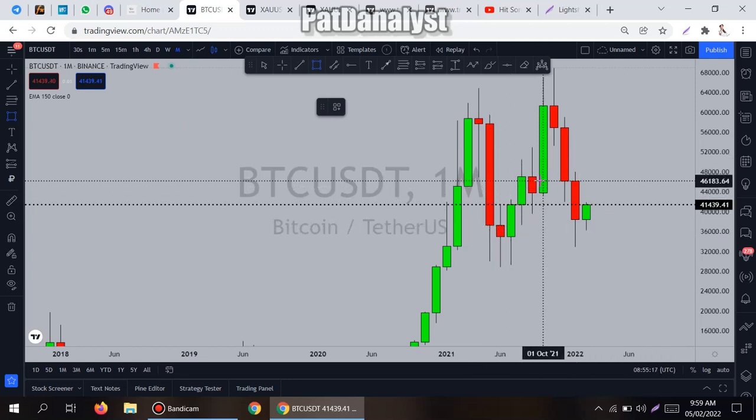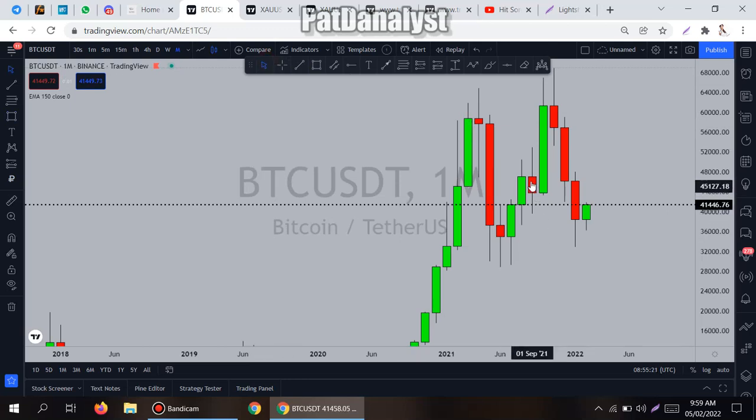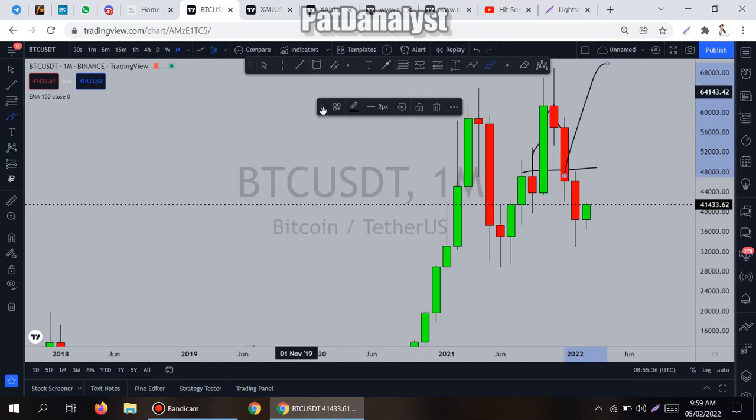In this case, this is one singular red candle found in between green candles. You have one green candle, two green candles, three green candles, and in between there, you have a red candle. So that's a structure. It is expected that the market respects structures by coming down to retest the structural level here and bounce off. But BTC did not do that.